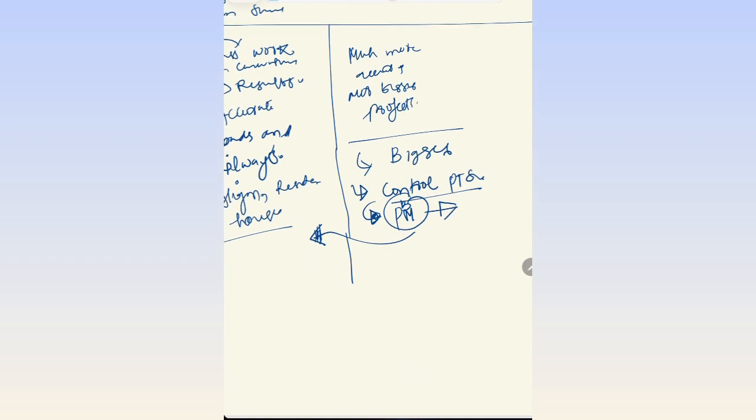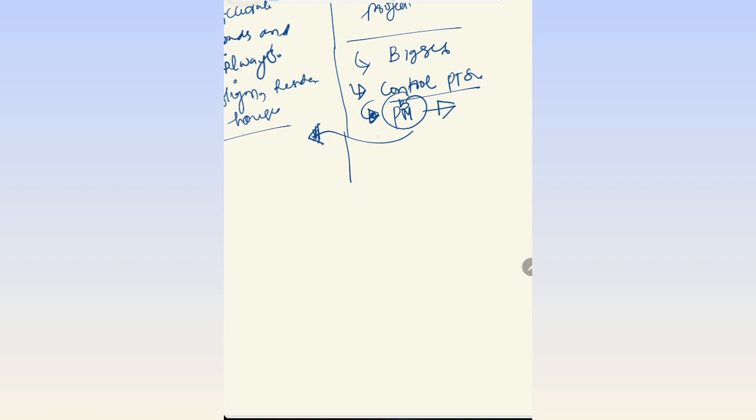Those control points are used by the Survey of India to obtain the location of their control points. They don't neglect the curvature effect in this case.